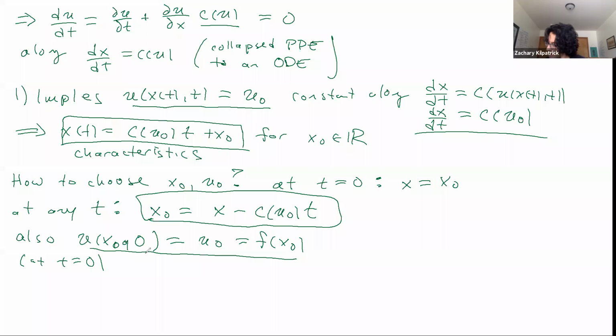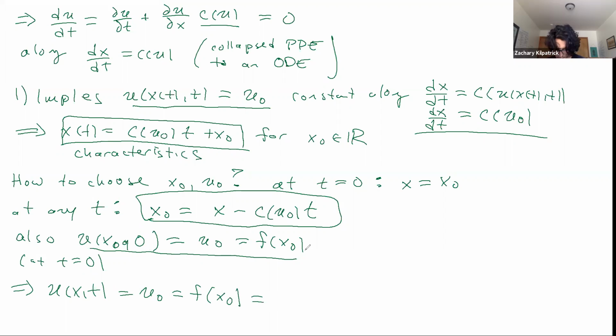So then I can plug in u of x, t is equal to u0, right, is equal to f of x0, okay?